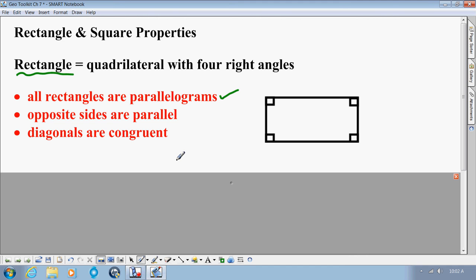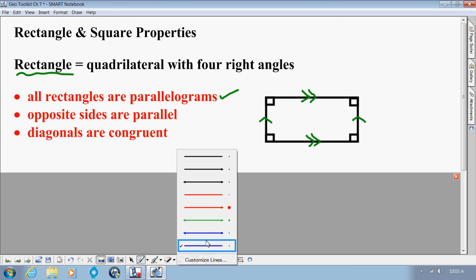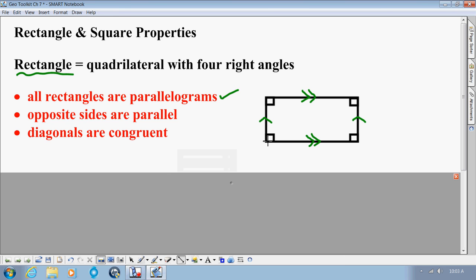Another one you ought to know is that the opposite sides are parallel. So these sides, the left and the right, would be parallel, and the top and the bottom would be parallel as well. And then the last one you would want to know is that the diagonals are congruent. So once again, let me draw on the diagonals here. So we've got diagonal number 1, and we've got diagonal number 2.